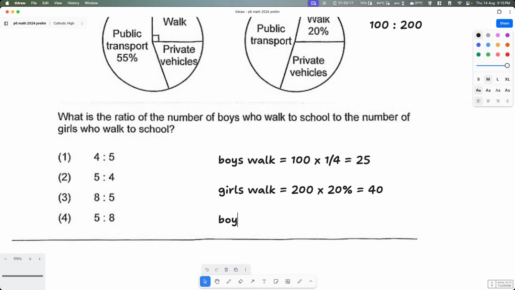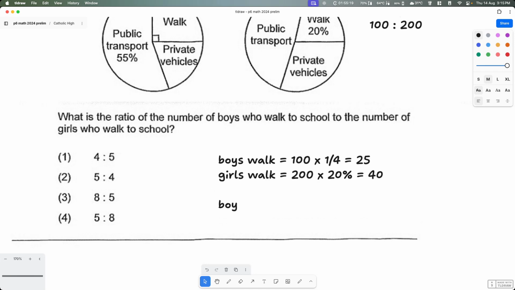So boys walk to girls walk is 25 to 40. We divide by 5 for each of these.